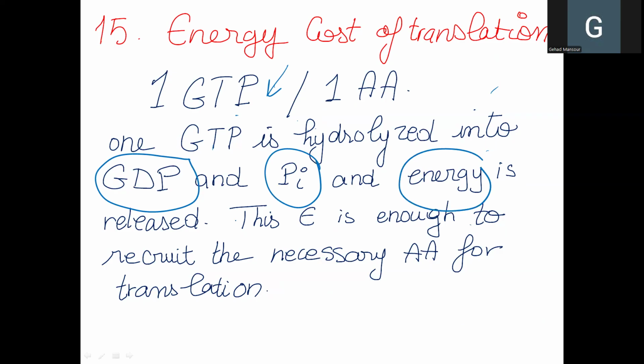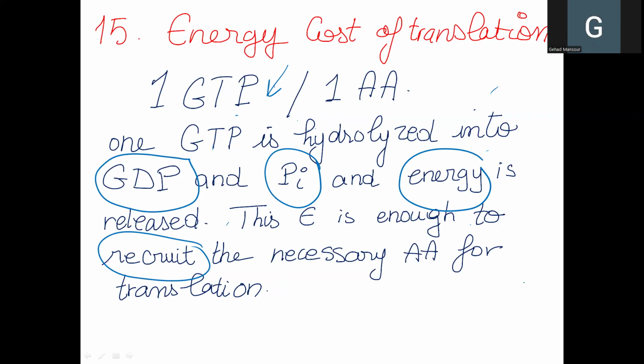And this energy is enough to recruit the amino acid for translation. So energy is essentially used for recruitment of the amino acids, not for binding them.